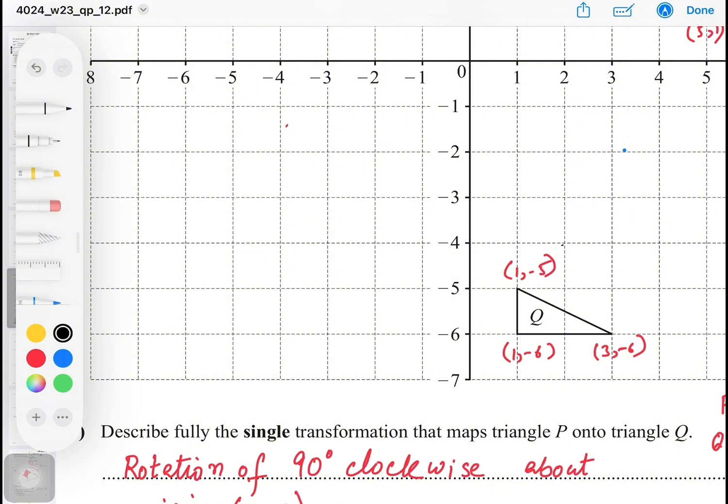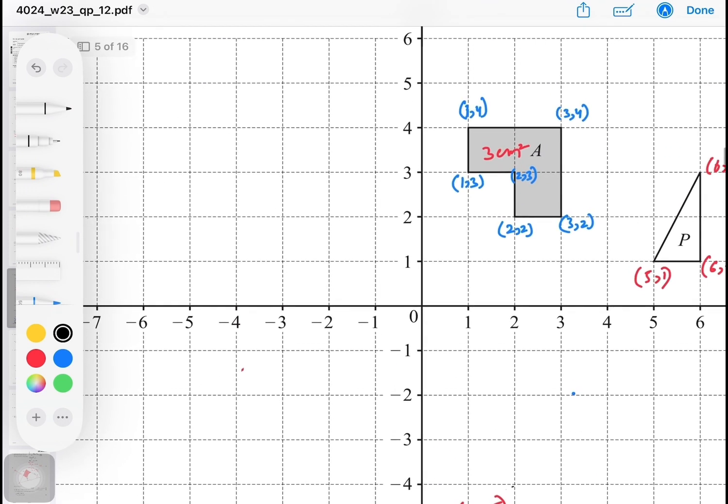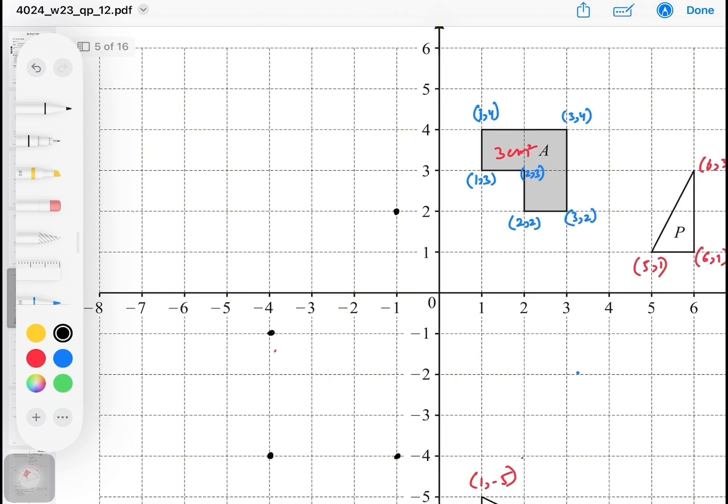So the coordinates are (-1, 2), (-1, -4), (-4, -4), (-4, -1), (-7, -1), and (-7, 2).